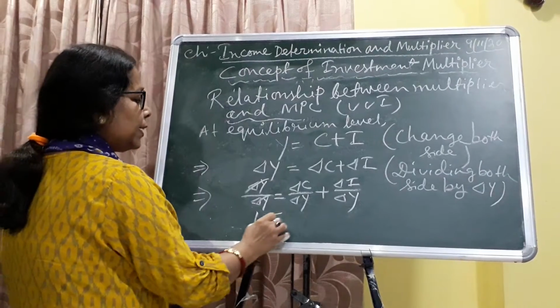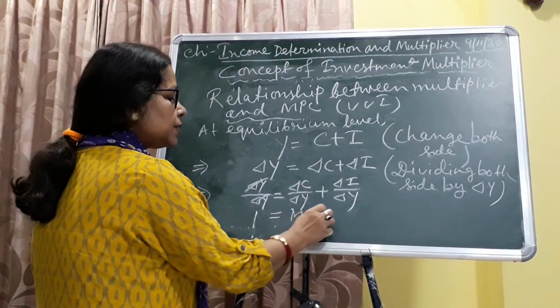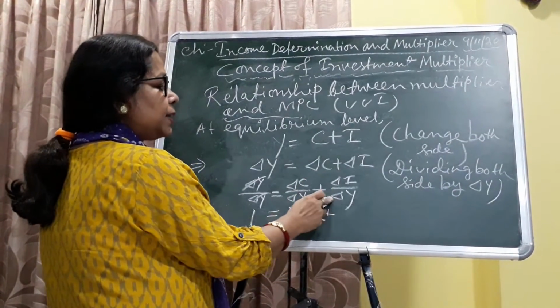So now 1 equal to del C by del Y, which means MPC, marginal propensity to consume, plus del I by del Y.